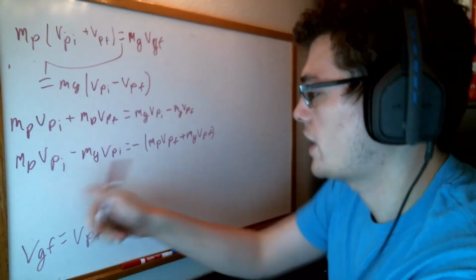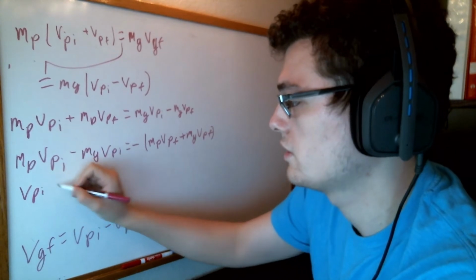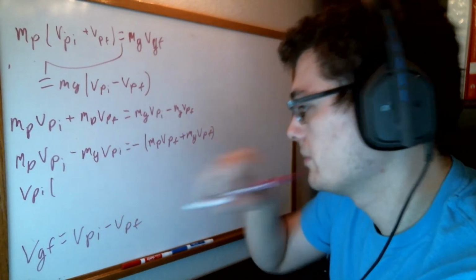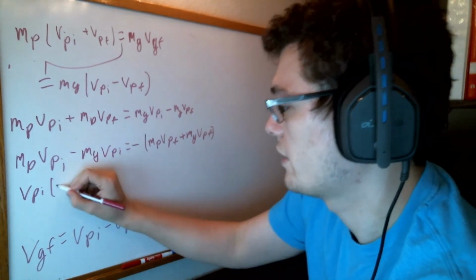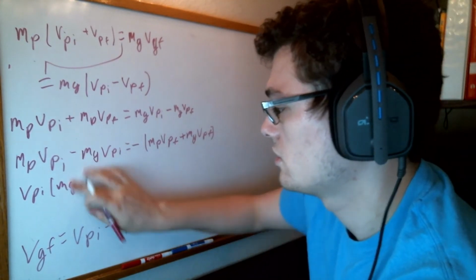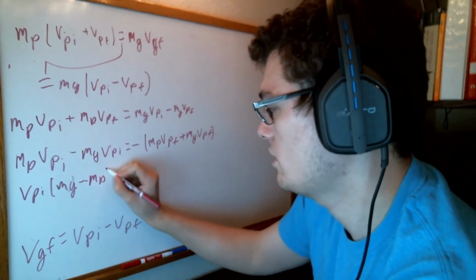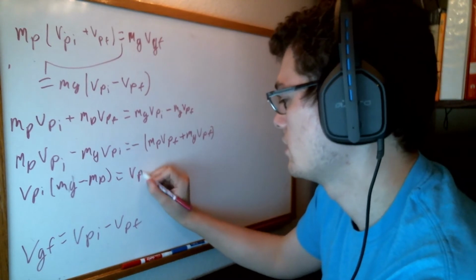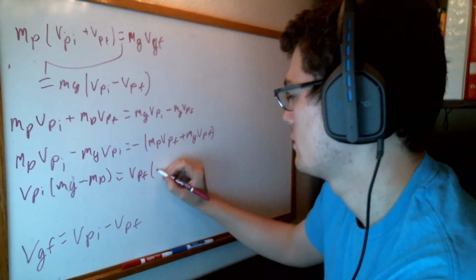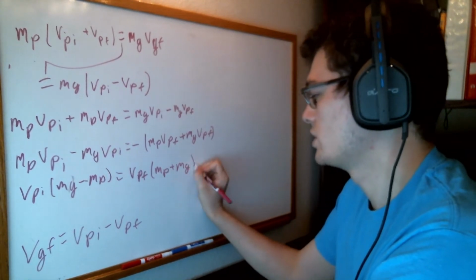So then we're going to factor out the velocities. So this is going to be VPI, and I'm going to take this negative over to the other side. And so we're going to have (MG minus MP) on this side, and this is going to equal VPF times (MP plus MG).